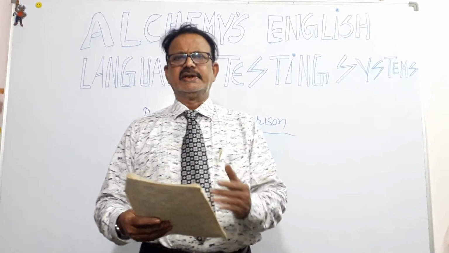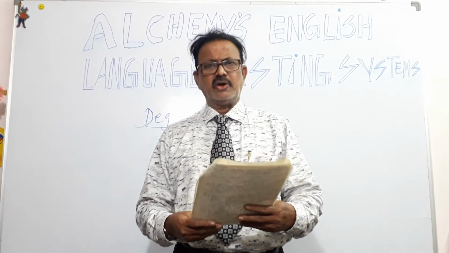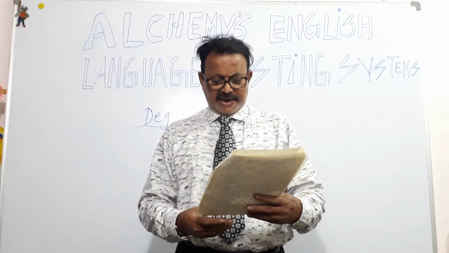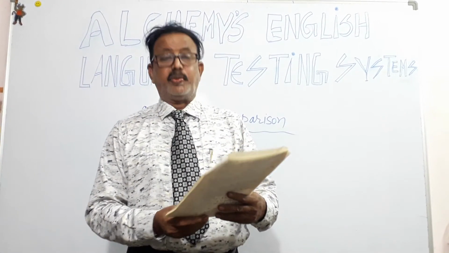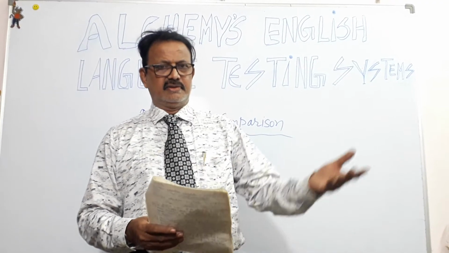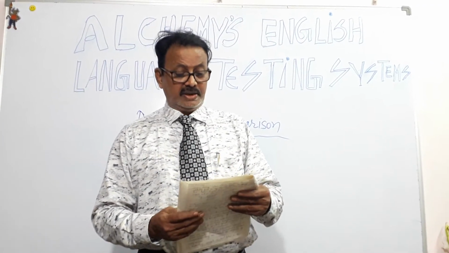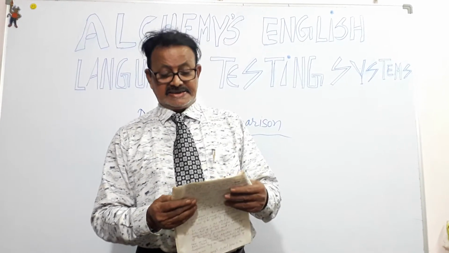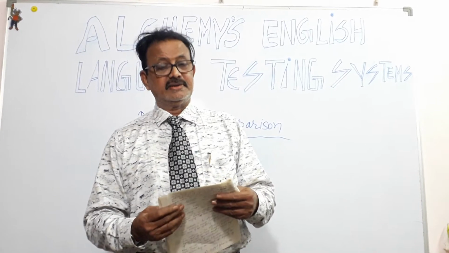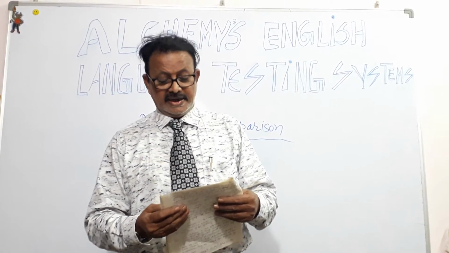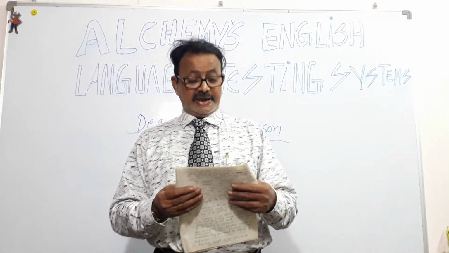Now some little more emphasis on adjectives. The adjective sweet is said to be in the positive degree in the first sentence. The adjective sweeter is said to be in the comparative degree, and the adjective sweetest is said to be in the superlative degree.